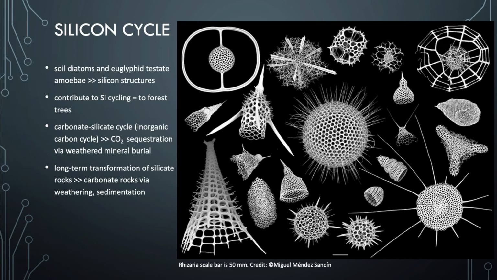So while there's silicon cycling occurring in the soil, it is the oceans that really drive the silicon cycle. And a lot of these organisms that contain silica are present in the oceans, and their skeletons are built from silicon. And organisms belonging to the group Rhizaria, that include soil diatoms and some testate amoebae, are what really drives this silicon cycle, and it's very much related to how carbon is cycled as well.